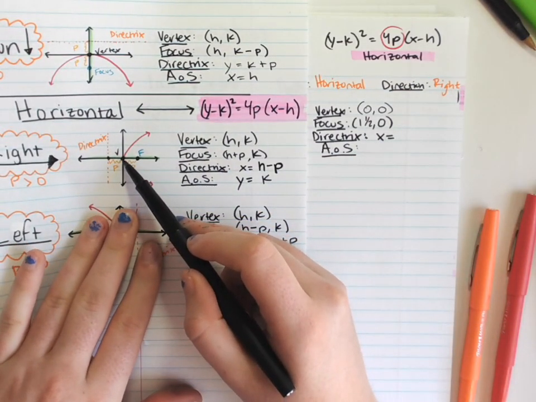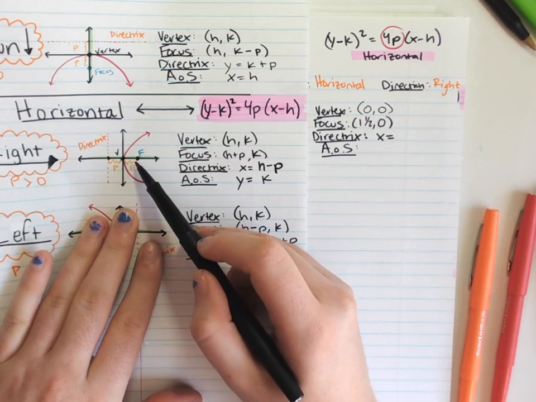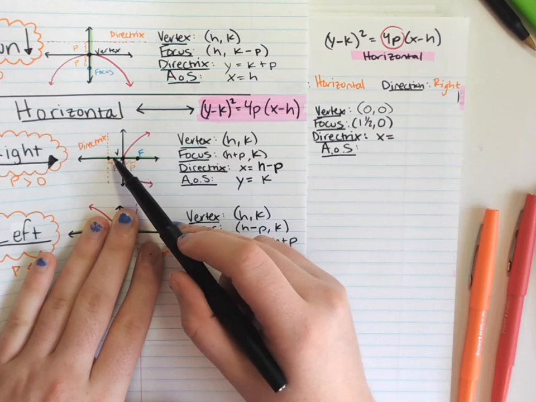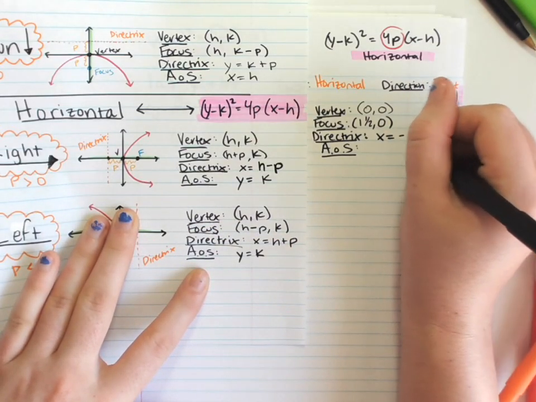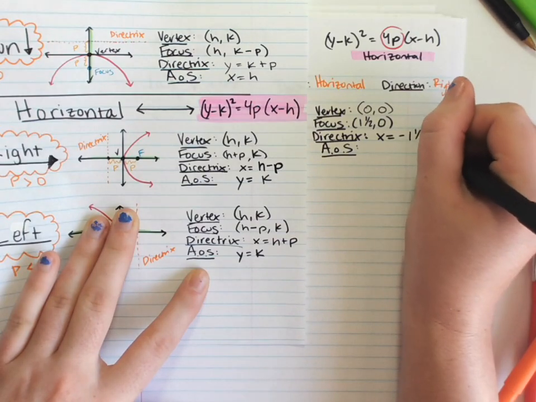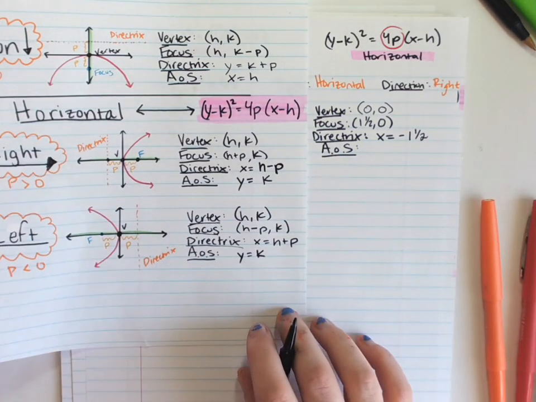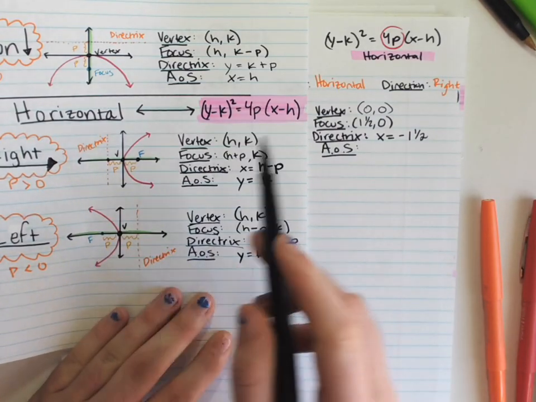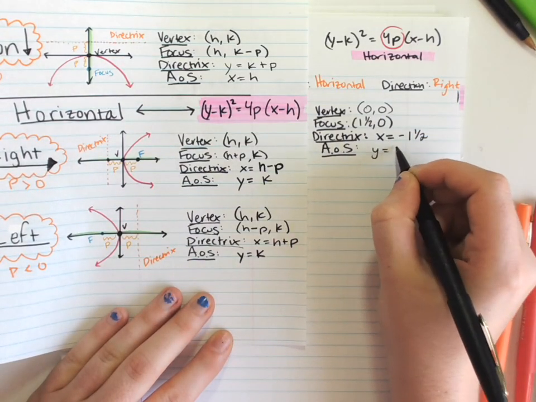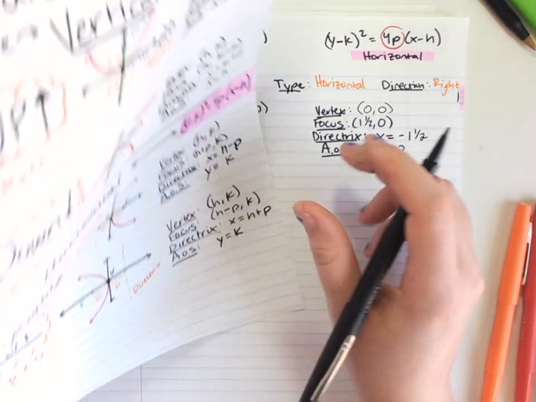We had a p value that dragged the focus 1.5 units to the right, then we got the p-value that's going to drag the directrix p units to the left. So it's going to be negative 1 and 1/2. Finally, our axis of symmetry goes right through the vertex. So that's going to be y equals 0, and that's my final.